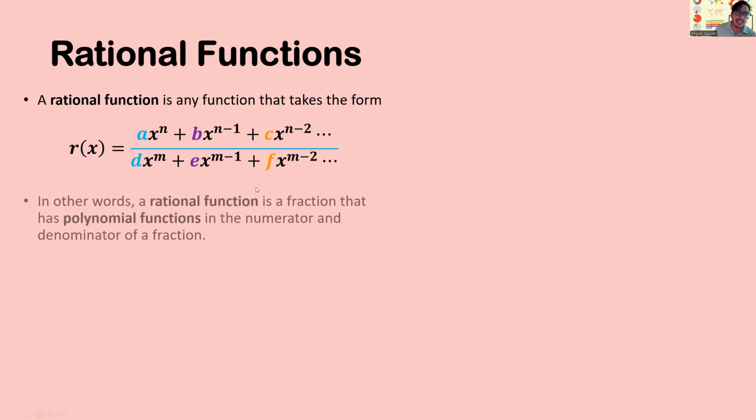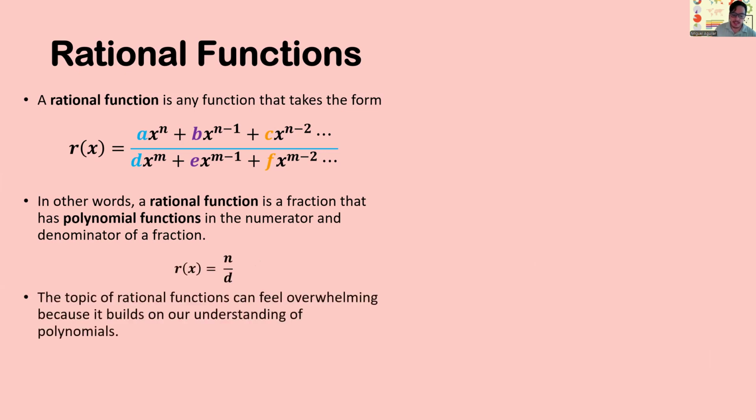So I think the easier way to think about this is that your fractions come in two parts. The top part's called the numerator, the bottom part's called the denominator. That's not new vocabulary for us. But the numerator is going to be a polynomial. So you're going to have a bunch of terms on the top of the fraction. The denominator is going to have a bunch of terms on the bottom of the fraction.